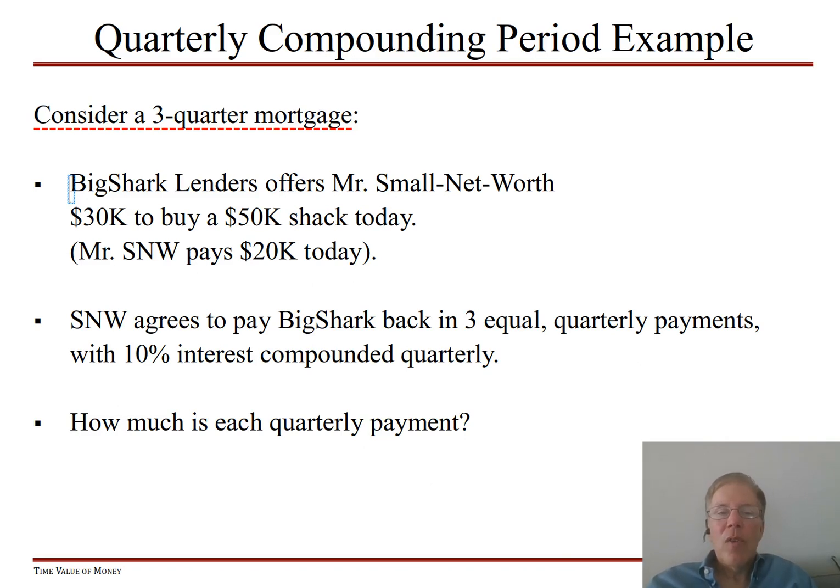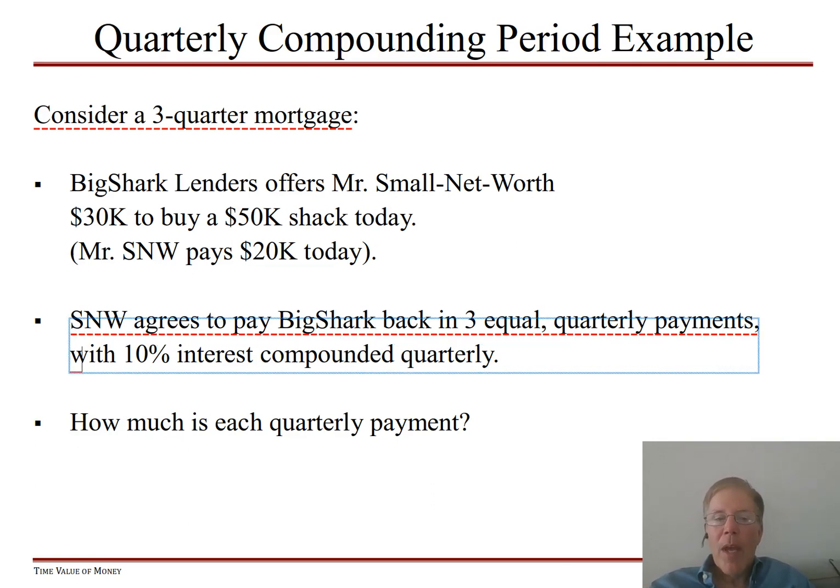So to make this work, the contract that's being offered to Mr. Small Net Worth by Big Shark is that he would have to pay back 3 quarterly equal payments, okay, in a 10% interest framework, compounded quarterly.